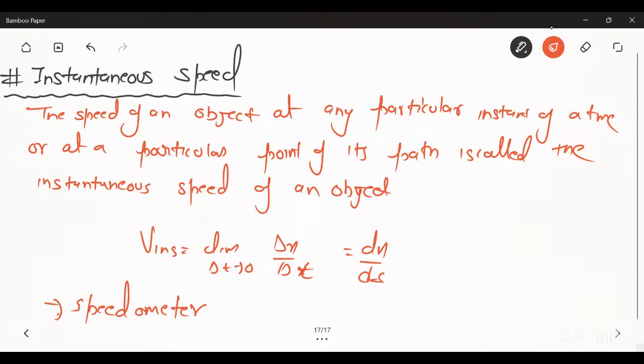Okay. It is the same in the case of average velocity and instantaneous velocity. Now, the next topic is acceleration.